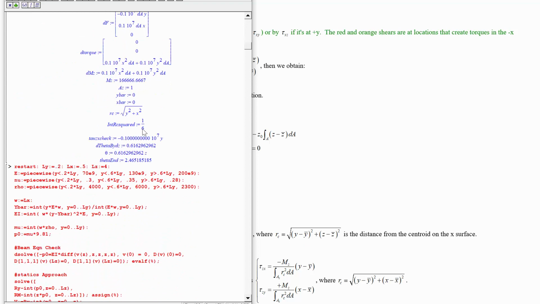The average distance from the center of a square turns out to be 1/6. Seems reasonable, I guess. The maximum distance would be a half to the right and a half up.